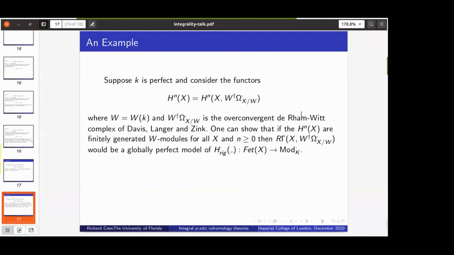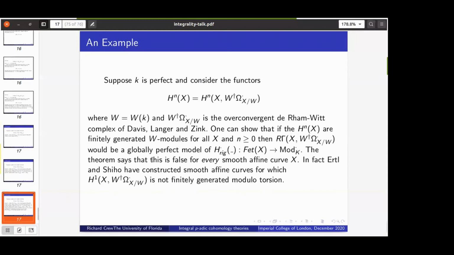One can show that if these things are finitely generated W modules for all morphisms in the finite étale site and all non-negative n, then this complex here would be a globally perfect model of rigid cohomology.